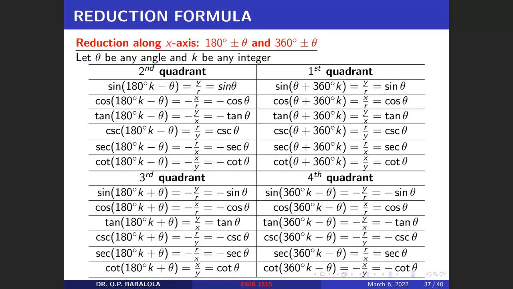So if we want to work in quadrant 2, this is what we'll be looking at, right? We'll have sec of 180 degrees K minus 133 degrees. And what is K in this case? K is just 1.